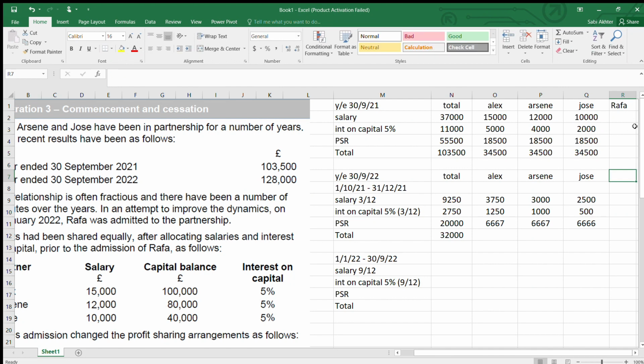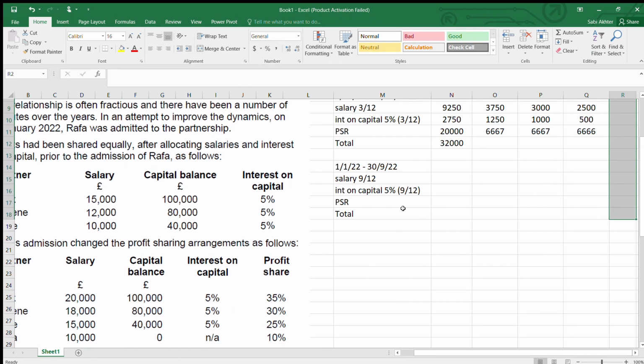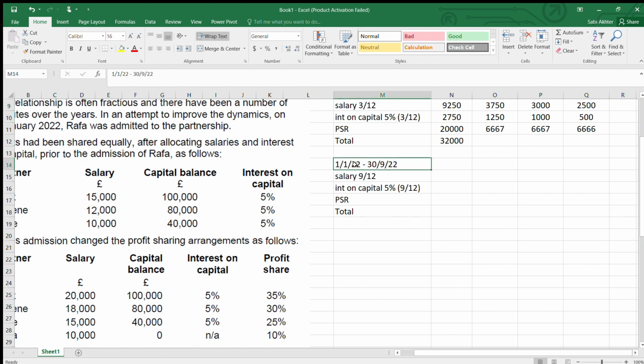But Rafa will not have any entry up until here, 1st of Jan 2022, because this is the date when he joins. Salaries you have to take from here, 20, 18, 15 and 10. 20,000 into 9 months. You need to enter the equal sign, otherwise the functions will not perform.